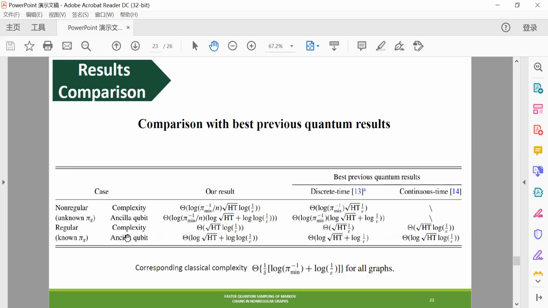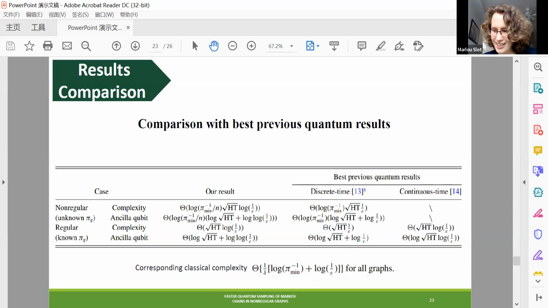But on regular graphs, we can get the quadratic speed up like this by the hitting time, and for this epsilon we can get the log reduction compared with the quantum case.